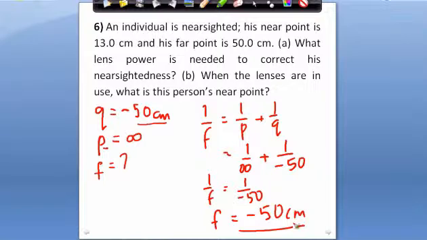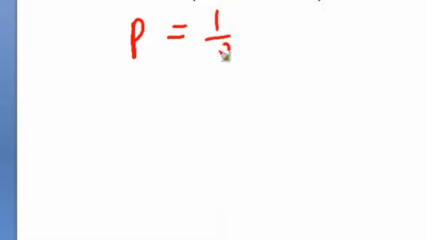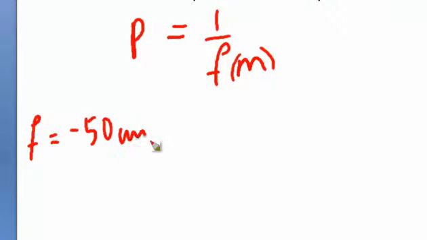But the question is asking what is the lens power? To find the power, we know that power is equal to 1 over f, and the focal length has to be in meters. We found that the focal length is equal to minus 50 centimeters, which becomes minus 0.5 meters.